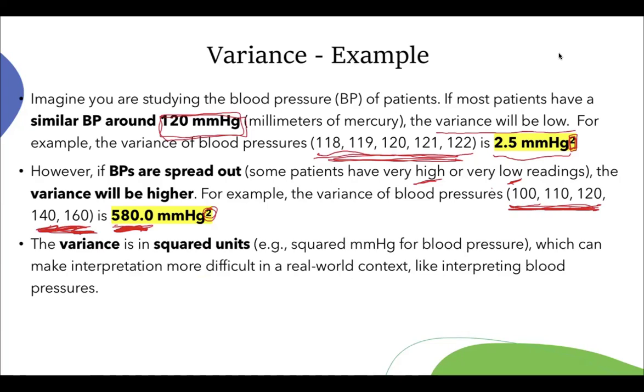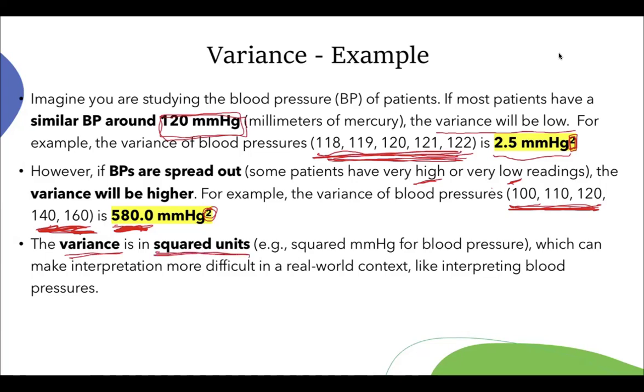The variance is always in square units. So it's in squared mmHg for blood pressure, which can make interpretation more difficult in real world contexts like interpreting blood pressures. This is the same if we were looking at a variation of people's heights. People's heights would be measured in inches, for example, and our variance would be in squared inches.